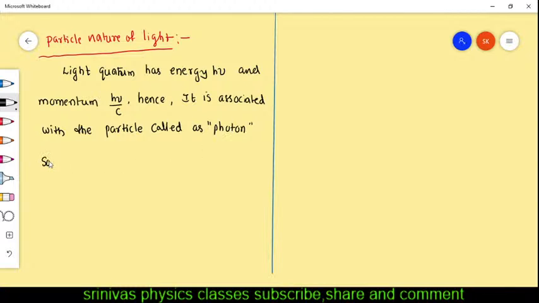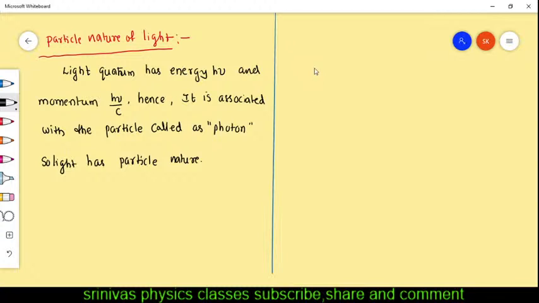So light has particle nature. What does this sentence indicate? I will explain clearly. The light quanta has energy h nu, and the light quanta has momentum h nu by c. Hence the light quanta is associated with a particle. That particle is called the photon. Why are we considering the light quanta as a particle?